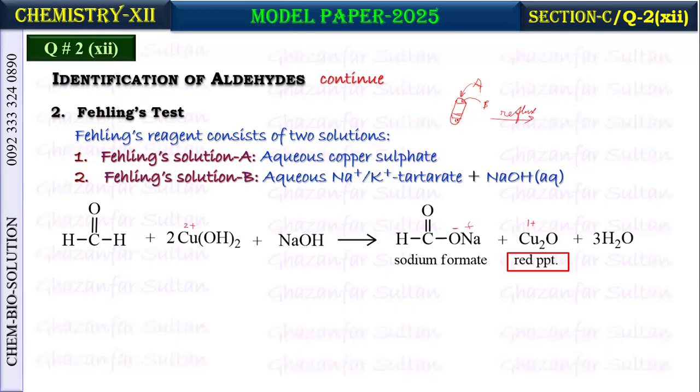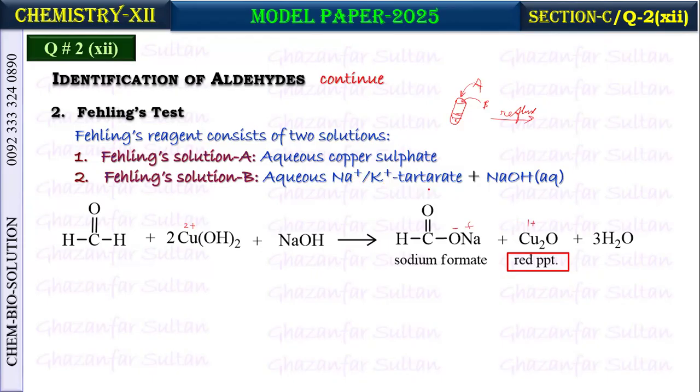So what will you see in the test tube? First it changes to green color, then yellow color, and finally we see the red color. It depends on the concentration of aldehyde. If you take a small quantity of aldehyde, then at the end of the reaction after 5 minutes, the color would be orange instead of red. So any of the colors, green, yellow, or red, shows a positive Fehling test, and a positive Fehling test means there could be an aldehyde.